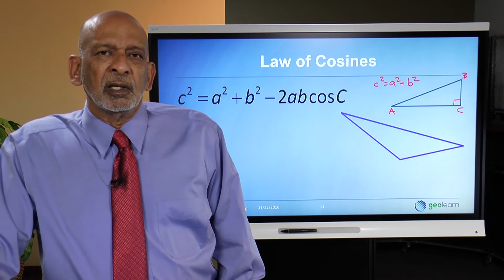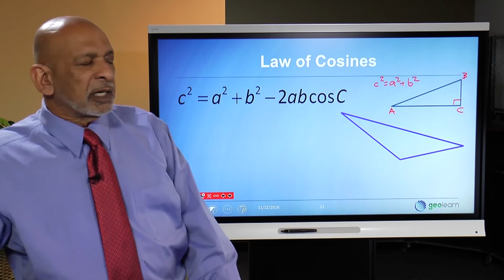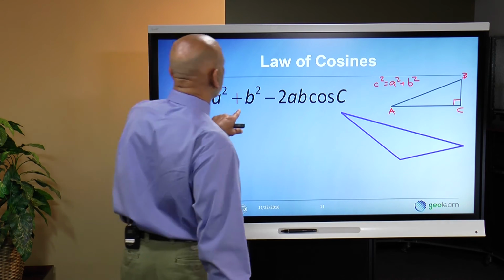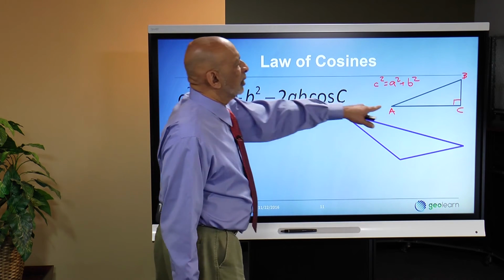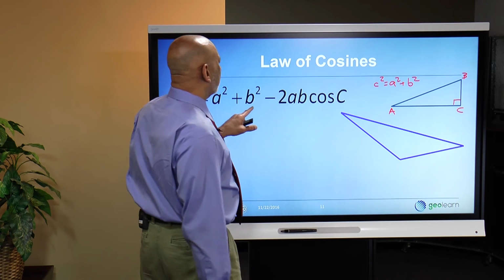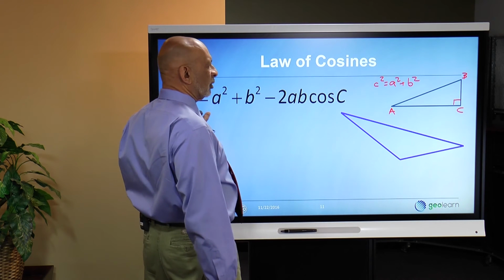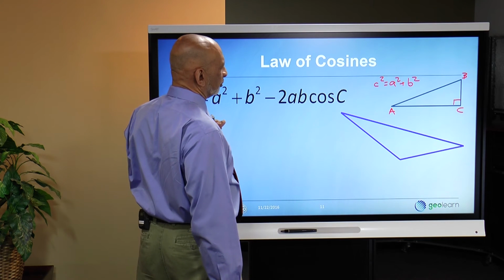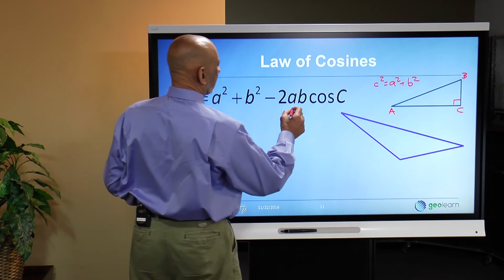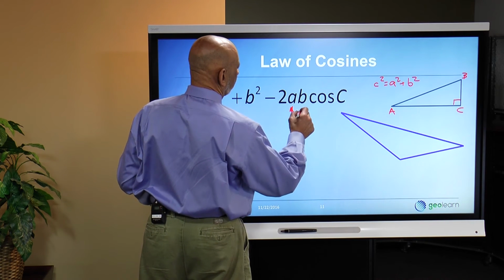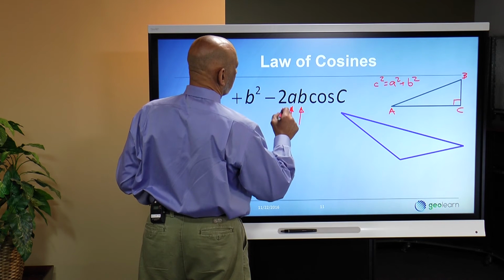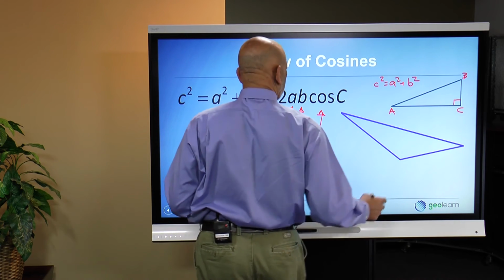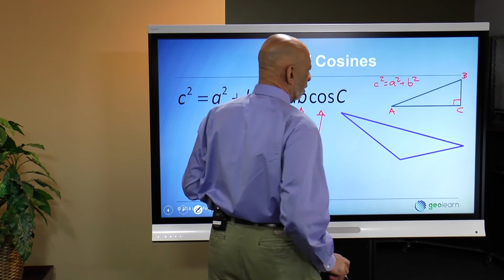But it turns out some wise guy, probably a Greek, maybe even Pythagoras, discovered that if we apply a correction to a squared plus b squared, which is what we use for a right triangle, we would still be able to take the square root of this whole shebang and get side C. You take the length of A, the length of B, multiply those together, multiply by 2, and then multiply by the cosine of C. And remember, C is no longer a right angle.